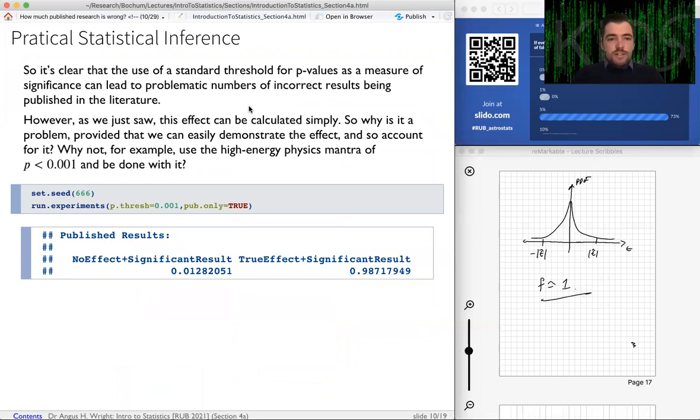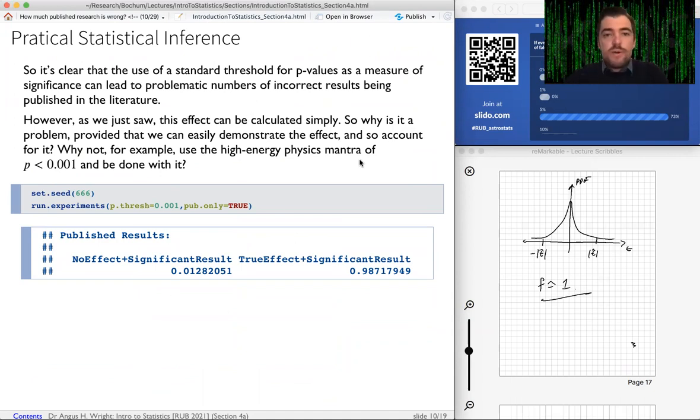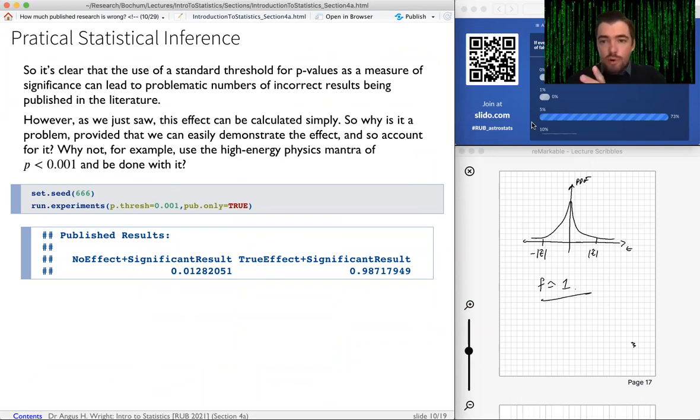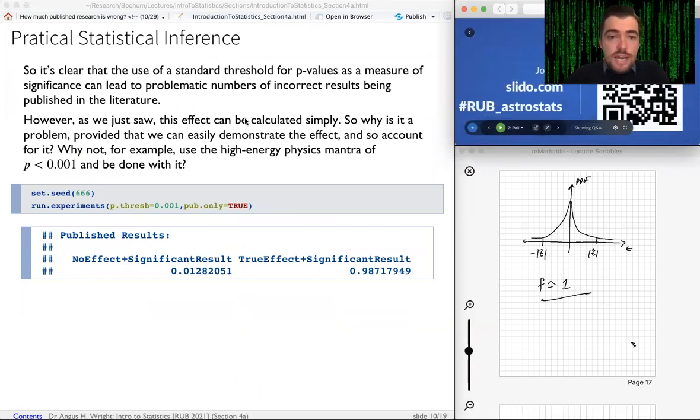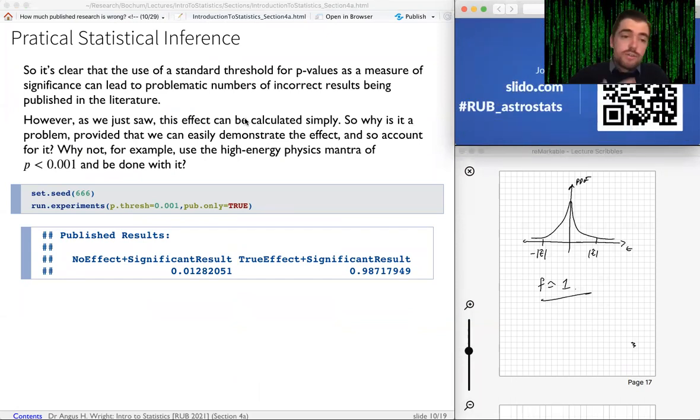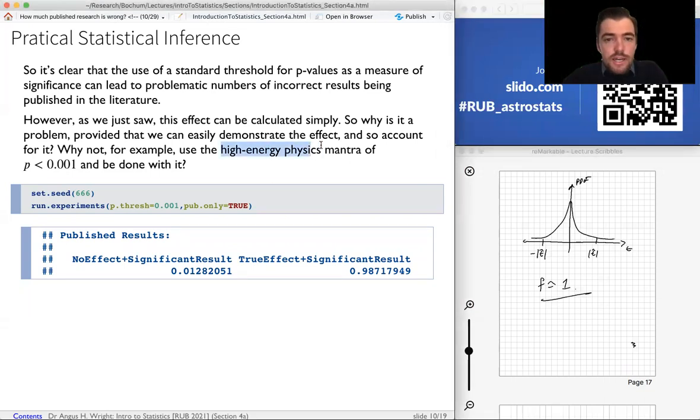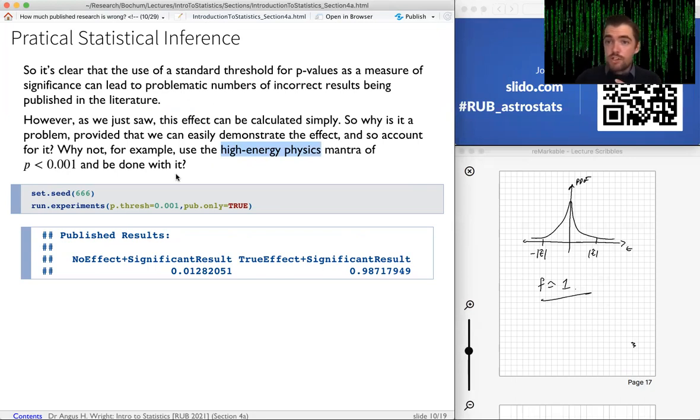This then brings us to the concept of practical statistical inference. So what the whole point of this course is, right? So it's clear that if we use a p-value as a measure of significance, we end up with problems. We end up with problems that are related to how we select the p-value. It's related to how many hypotheses there are. In some fields, like in high energy physics, for example, there's a mantra of using a p-value that is much, much more restrictive than the 0.05 that we were using in the last slide.